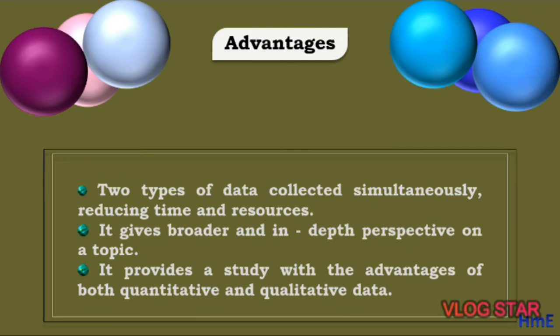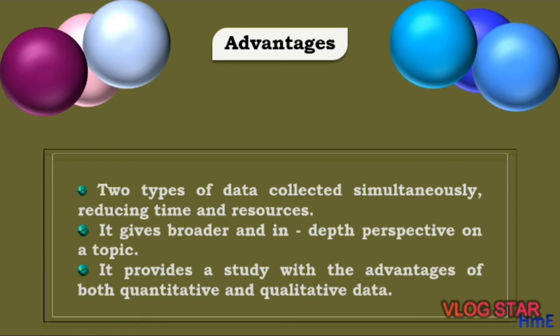Then second, it gives a broader and in-depth perspective on a topic. It gives a broader perspective to get more concrete findings because it uses two methods, that is qualitative and quantitative. Then third, it provides a study with the advantages of both quantitative and qualitative data.